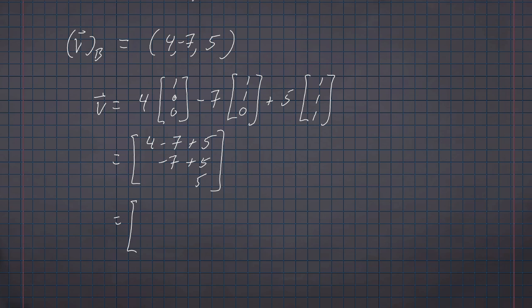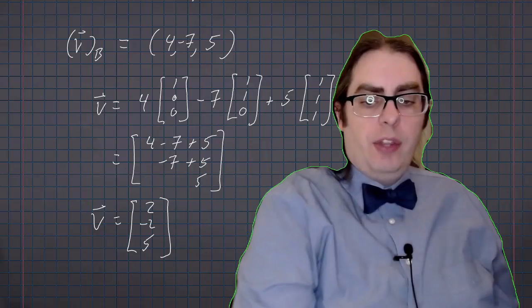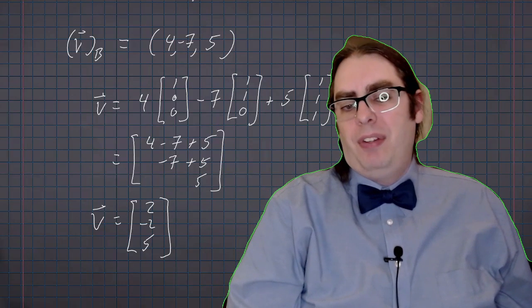So working through that arithmetic, I get that our vector is 2, 2, 5. And it just gives us another tool for talking about vectors.